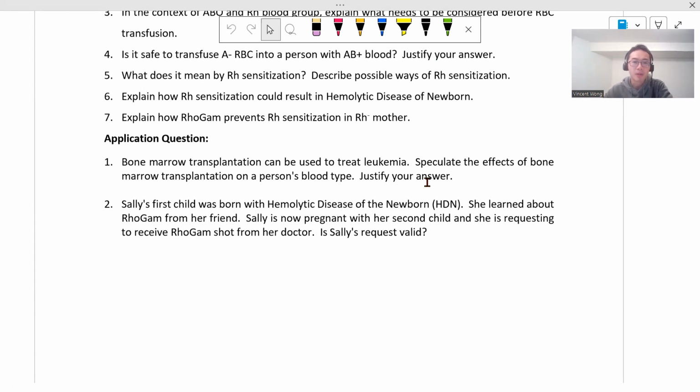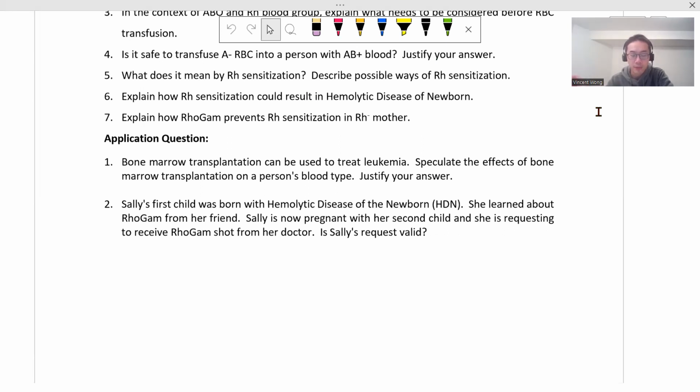So number 1, bone marrow transplantation can be used to treat leukemia. Leukemia, there are different types, but in essence, is an uncontrolled division of a certain kind of blood cells, right? Like you have the production of too many white cells of a certain kind, and that is, in essence, what's causing the leukemia.